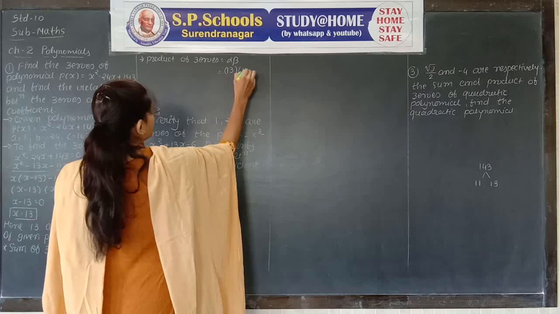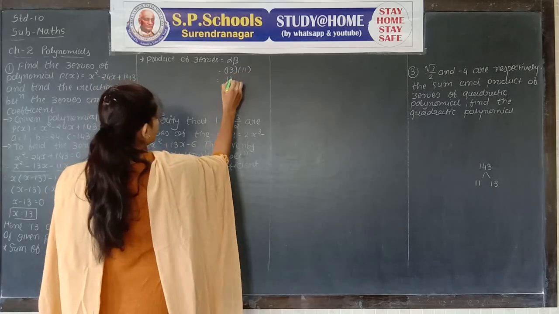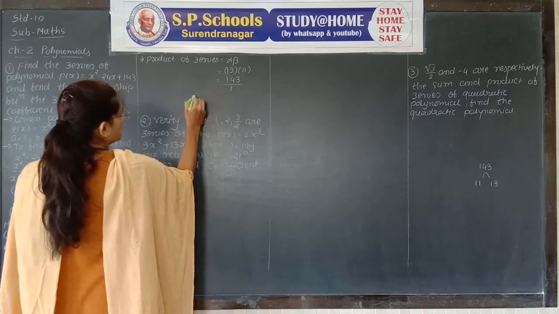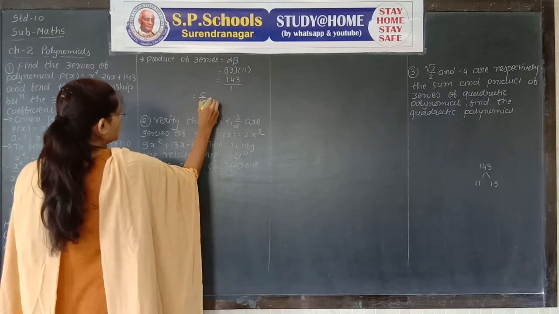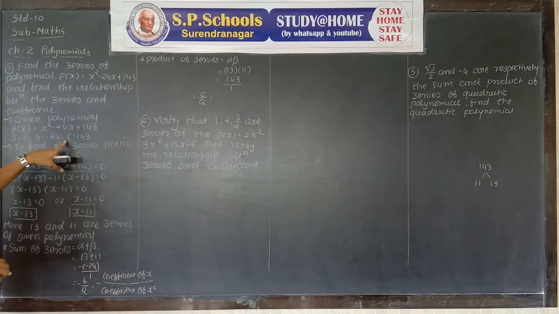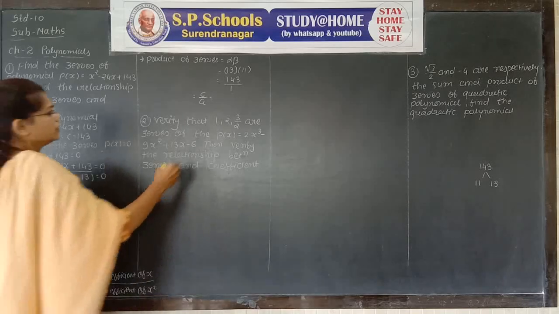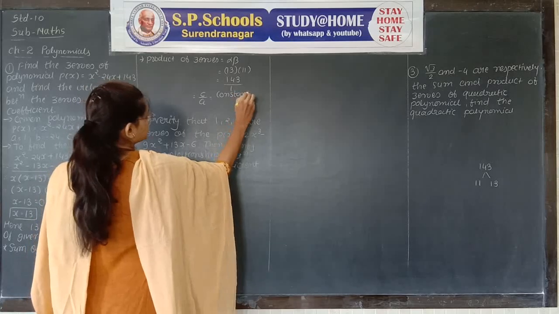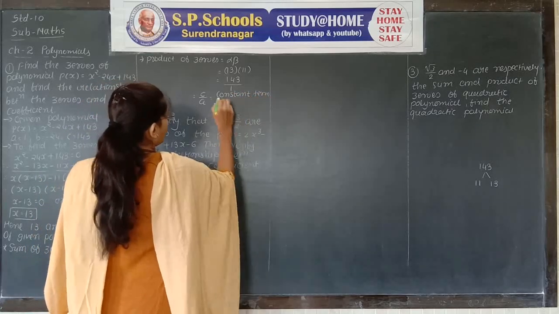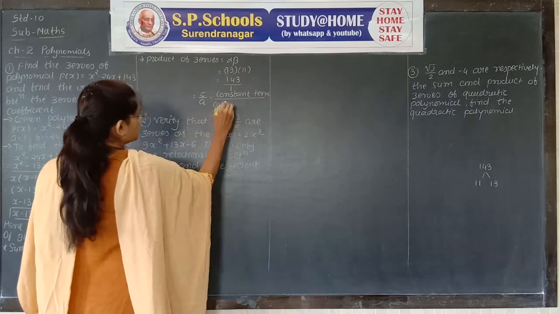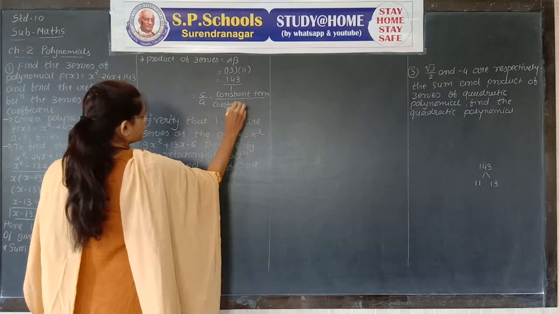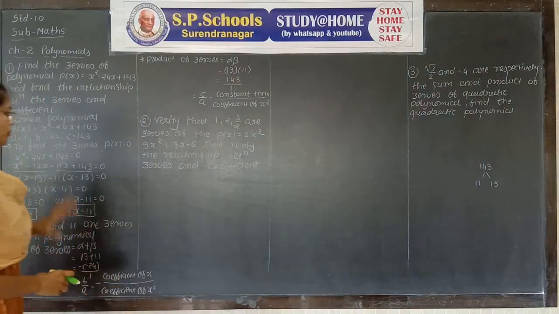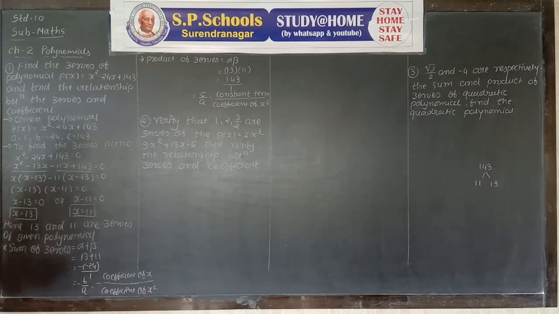The multiplication of 13 and 11 is 143, with 1 in the denominator, which is equal to c upon a, where c is 143 and a is equal to 1. Now c is the constant term and a is the coefficient of x square. Here both the relationships are completed.